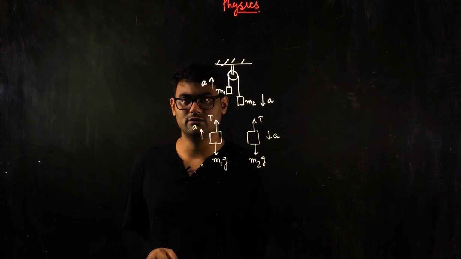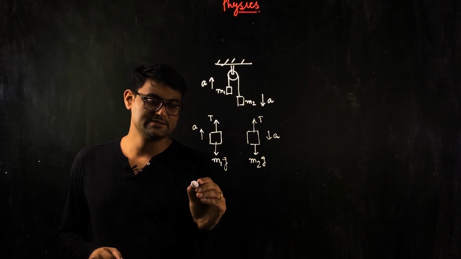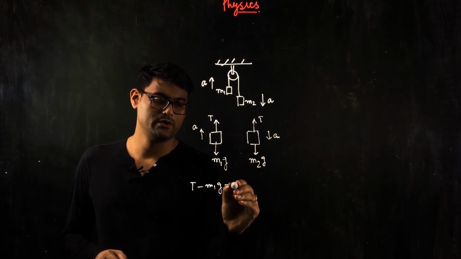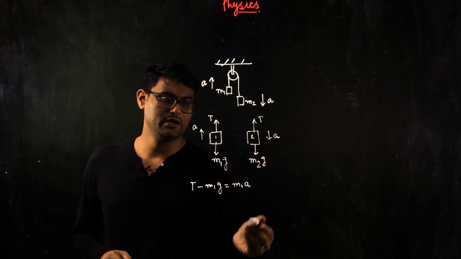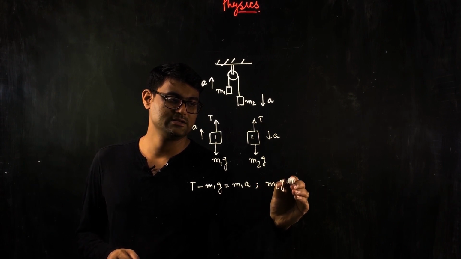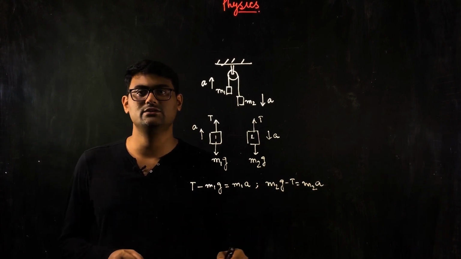Writing the laws of motion equations, T minus M1G is equal to M1A for the first, and M2G minus T is equal to M2A for the second, and these are very easy to solve.